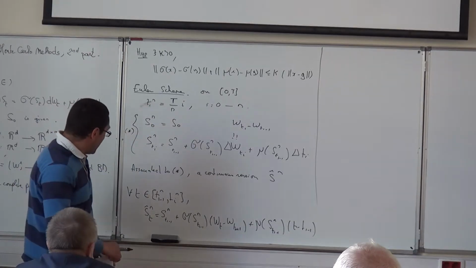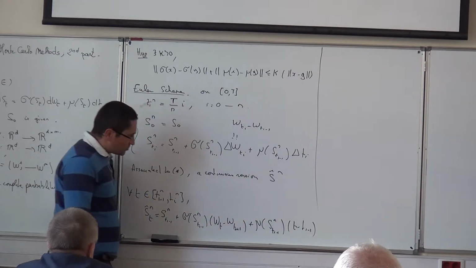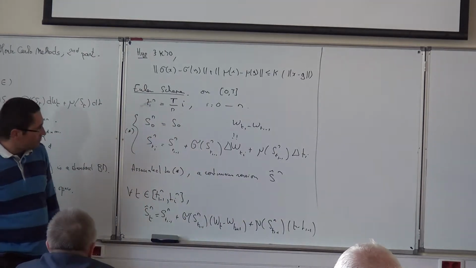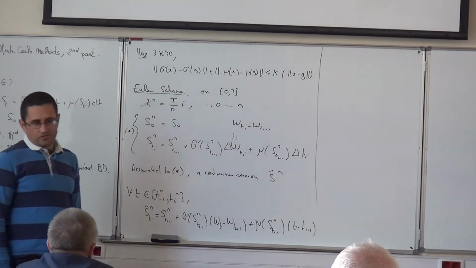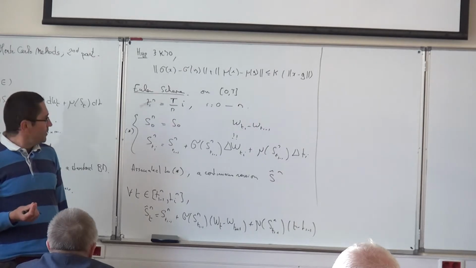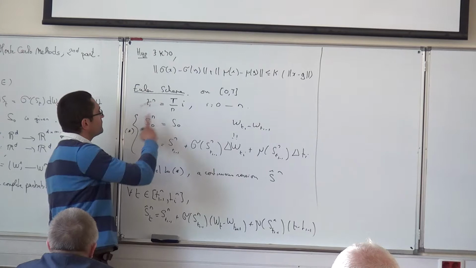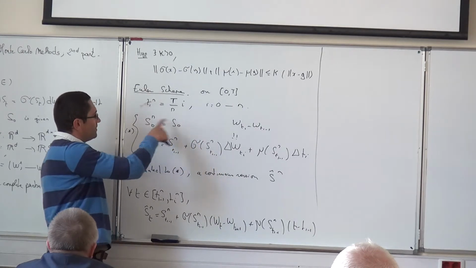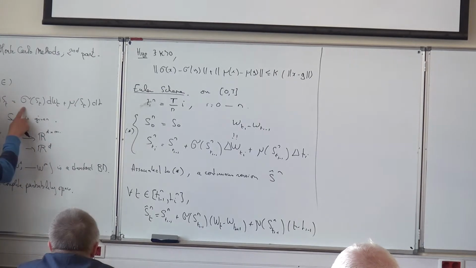Initially, last time we introduced this continuous version just to get estimations of what we want. Precisely, we want to show that this process is an approximation of our solution.